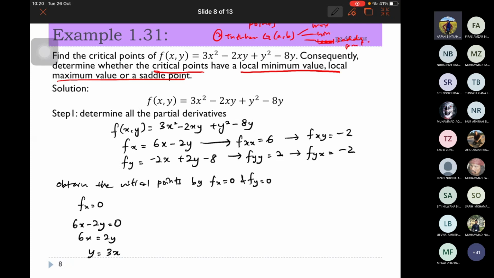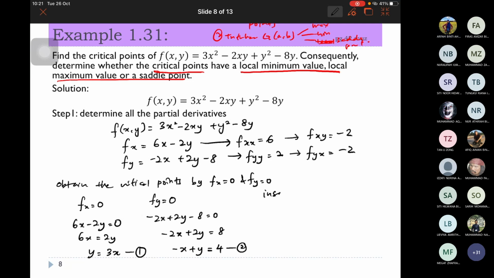Then fy equal to 0, which means negatif 2x tambah 2y tolak 8 sama dengan kosong. Ini dapat equation pertama. Negatif 2x tambah 2y sama dengan 8. Negatif x tambah y sama dengan 4. So, ini equation kedua.